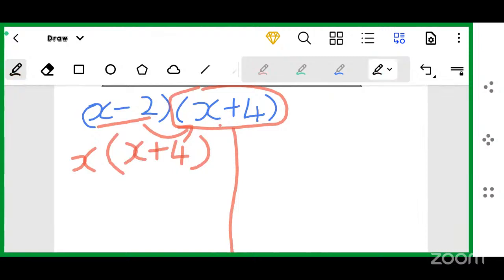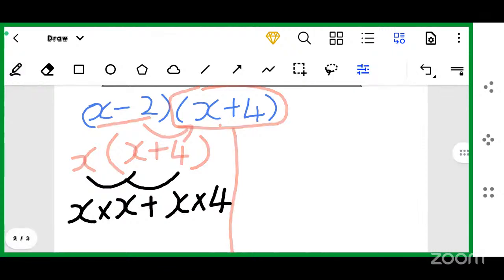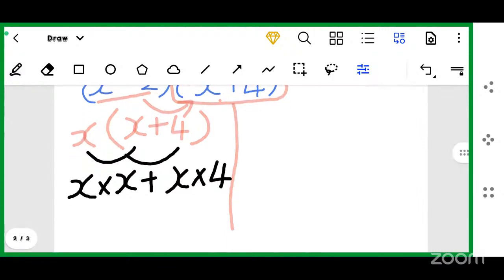You remove the brackets. How do you remove the brackets? x multiplied by x plus 4. So you're going to have your x multiplied by x plus your x multiplied by 4. What is x multiplied by x? Ma'am, is it x?